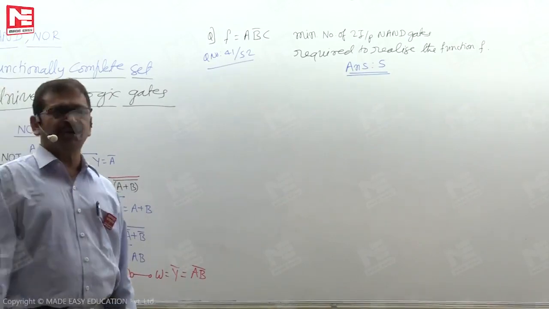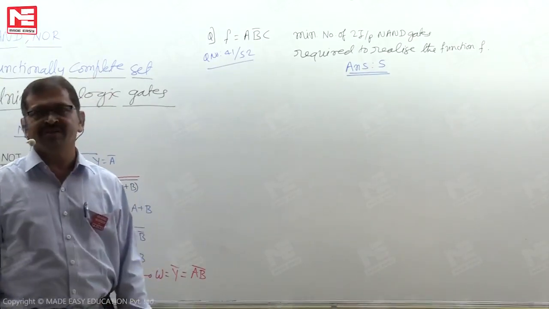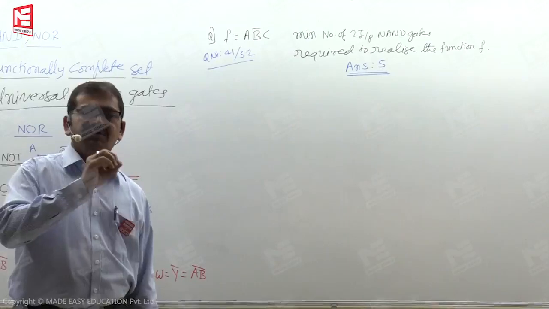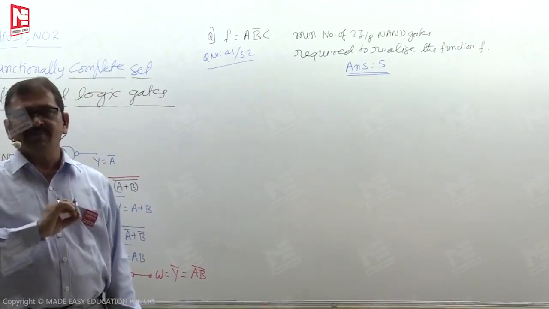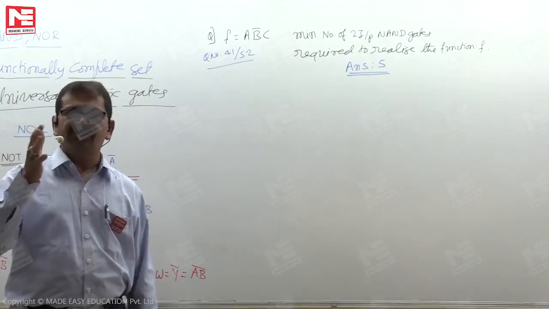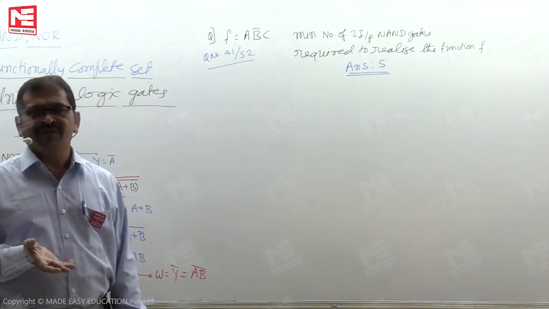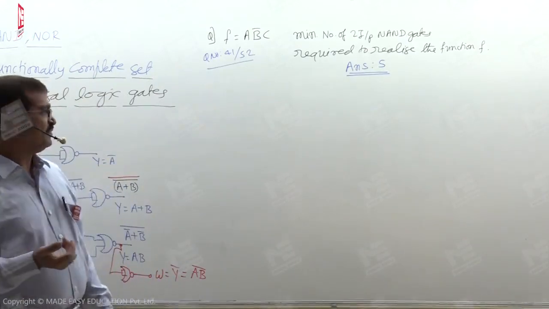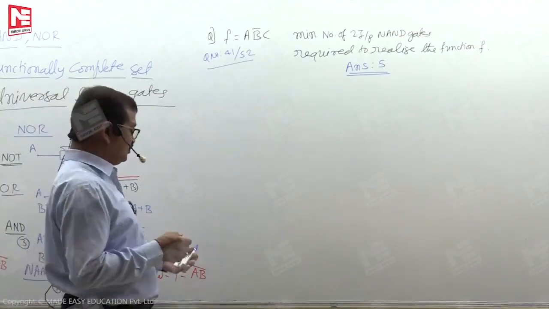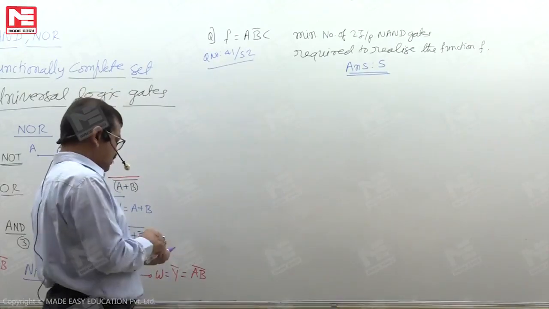If it is mentioned, it's okay. But if nothing is mentioned, we must consider the variables are available only in uncomplemented form. So B bar won't be available. To get B bar, in the normal situation, we need a NOT gate. Of course, here for the NOT implementation, we need to use a NAND. And if you try well, as I said, the answer for this question will be 5.